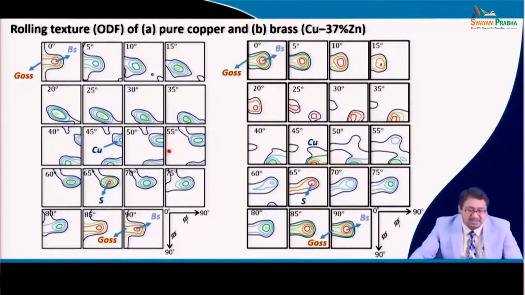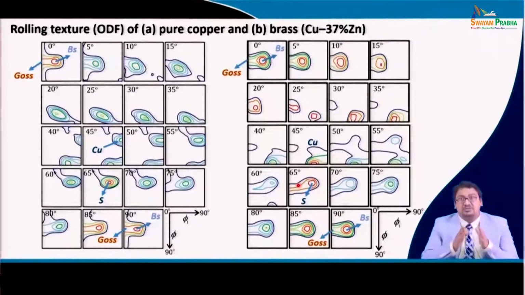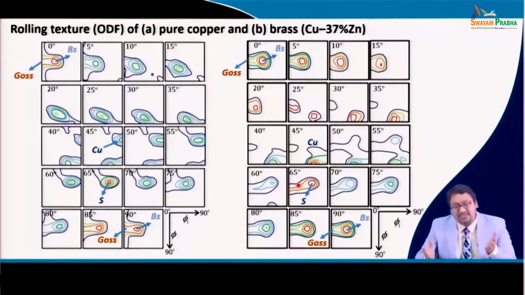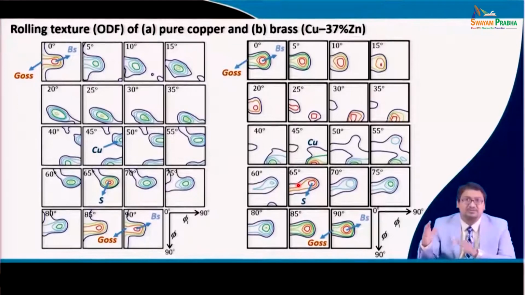And you can see that most of the time we use phi 2 sections and we divide the sections at 5 degree graduations, sometimes at 10 degree graduations, or sometimes we show the most important phi 2 sections.